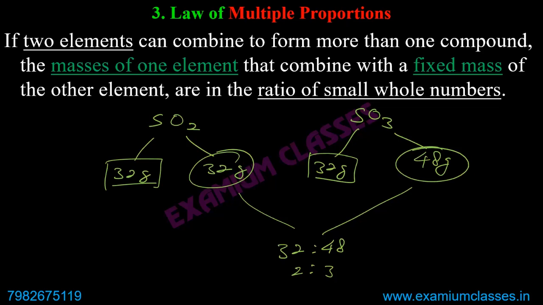All the compounds where two elements combine to form more than one compound, you will find this. Elements should be the same. Sulfur, oxygen here, for example. So in both the compounds, elements will be the same. You fix the mass of any one. The ratio of mass of the other one will be simple whole ratio. That's what the law of multiple proportion says.